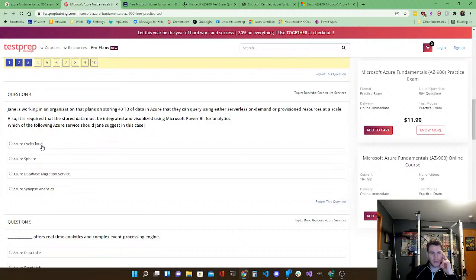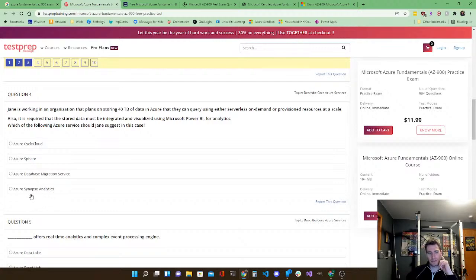Cycle Cloud, I've never heard of that. Sphere is an IoT framework and set of hardware, I guess, for having secure IoT. So that really doesn't sound like it. Azure Database Migration Service, I think that's for migrating from on-prem to Azure Database.